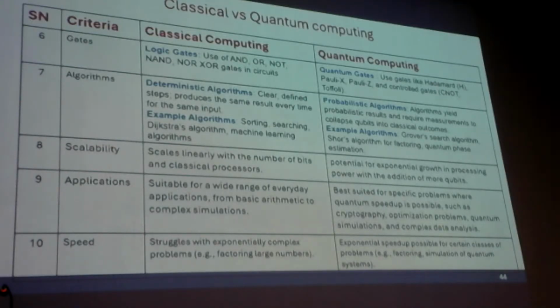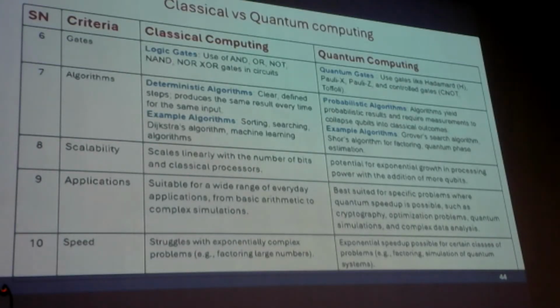Algorithms, always in classical, they are deterministic algorithms, whereas in quantum, they are always probabilistic algorithms. You've seen, no, they have a certain probability. And classical it is sorting, searching, the search algorithms and so on. In this, we have Grover search, Shor's algorithm, factoring, quantum phase estimation, and many more.